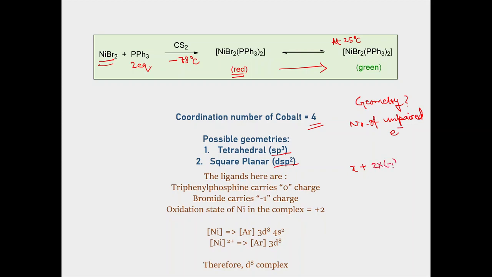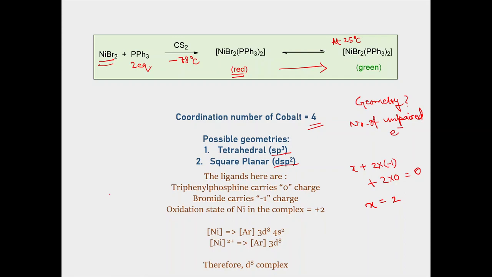So 2 into minus 1 plus PPh3 is a neutral ligand, so 2 into 0. This is a neutral complex, right? So this is equal to 0. So that's why X is equal to 2. And nickel is having an oxidation state of plus 2.